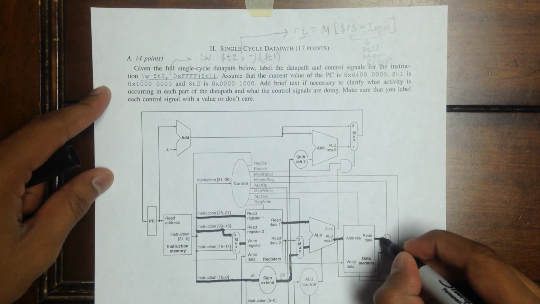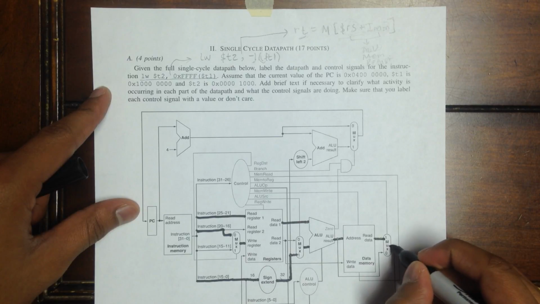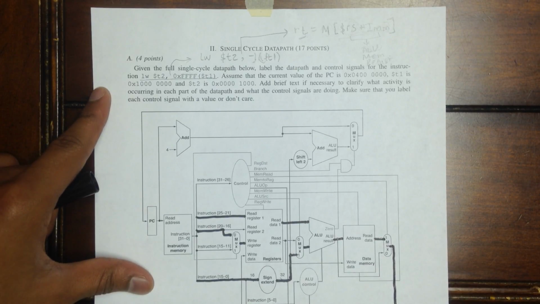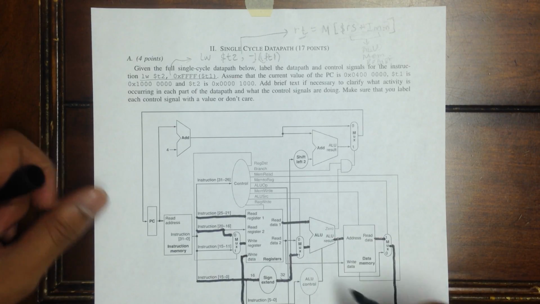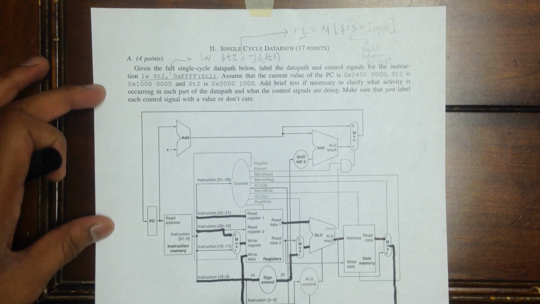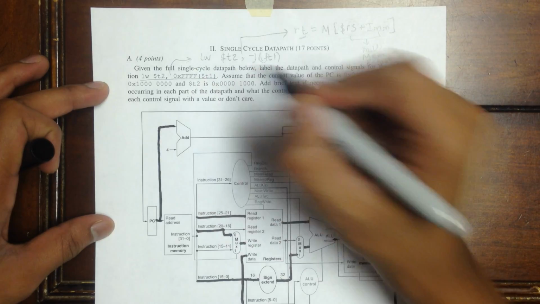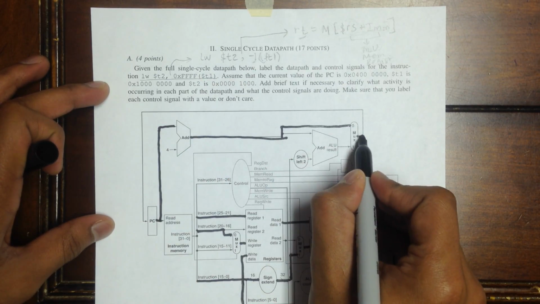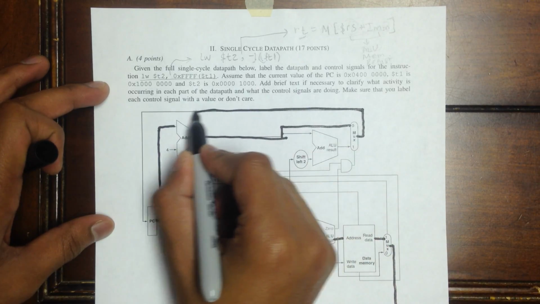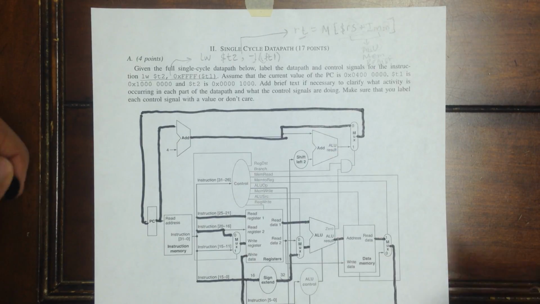We read the data from there, and we write that back into T2. So this is our basic data path. Along with that, we also have our program counter, which is incremented by a value of 4. Nothing else happens in the PC. So that is our data path.